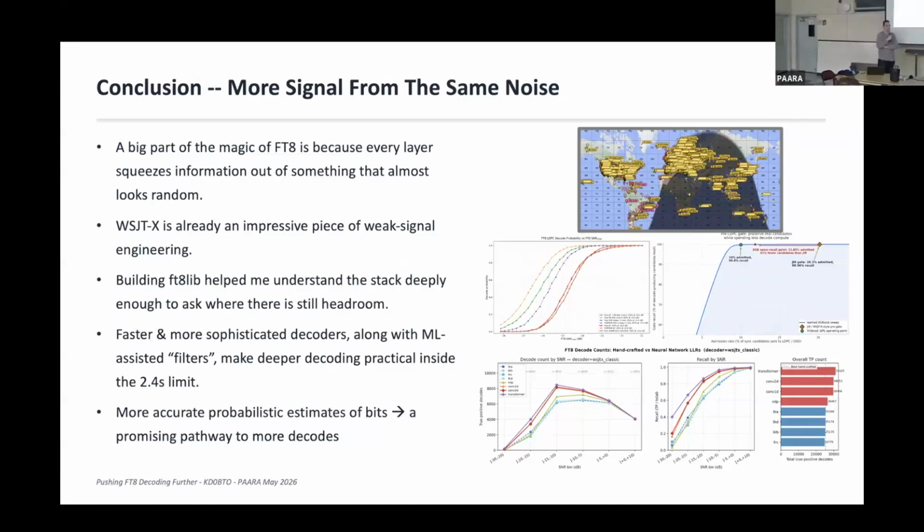You didn't say anything about the computational cost of all these ML based. Yeah, actually, that's a really good point. I didn't say that. The time it takes to do the log likelihood ratio in that transformer model, I haven't optimized it yet. It's about 100 microseconds.